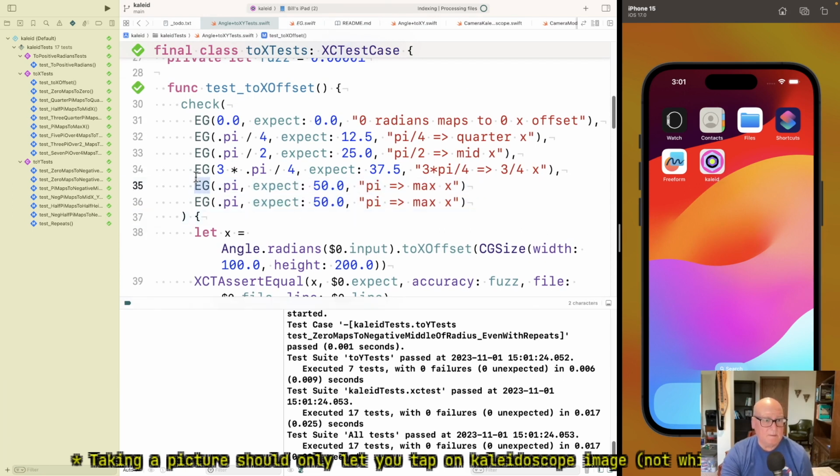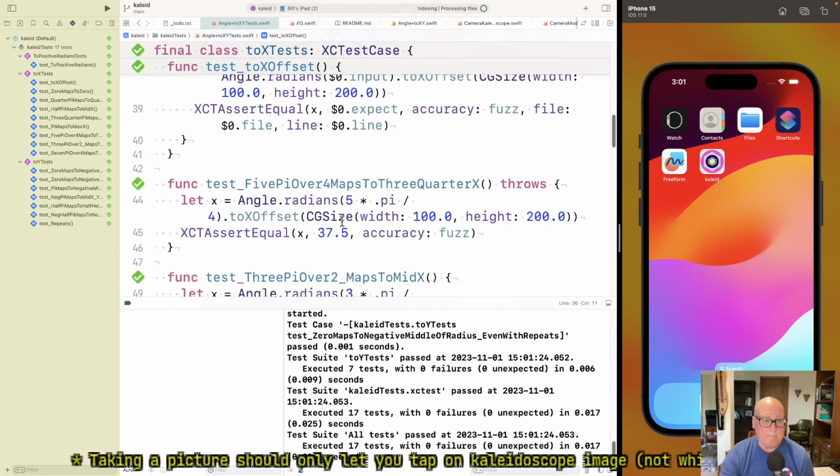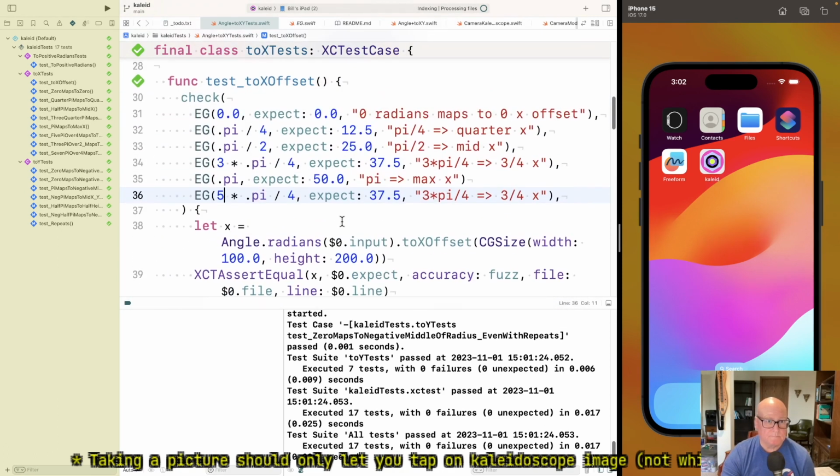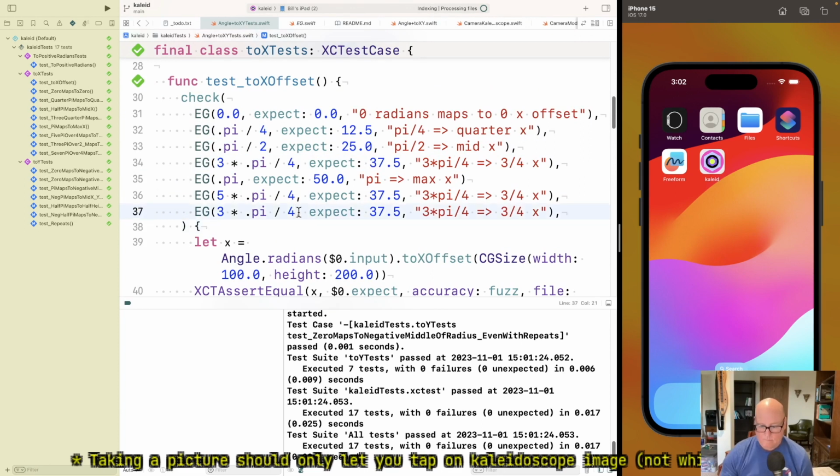Well, actually, this one's probably 5 pi over 4 goes to 3/4 x. 3 pi over 2 goes to half x.